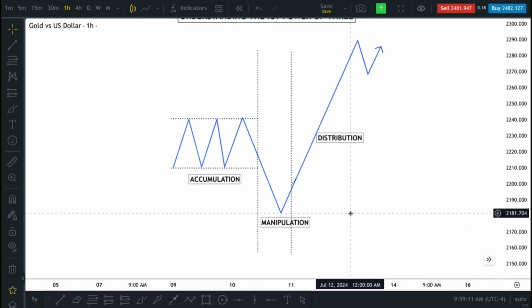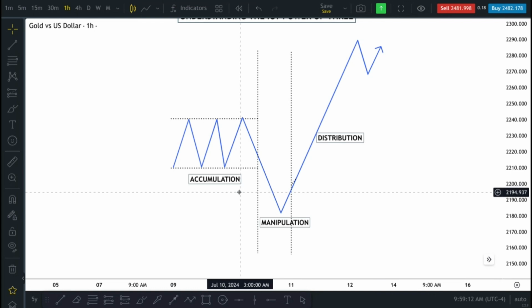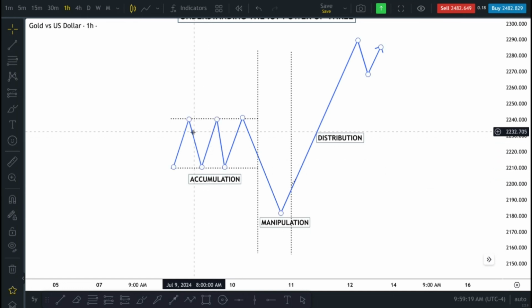First, we have the accumulation phase. This is where smart money or institutional traders accumulate positions here. The smart money and institutional players are stacking several positions right here, guys. It could be a buy or a sell position. They're just stacking as many as they can here, right?